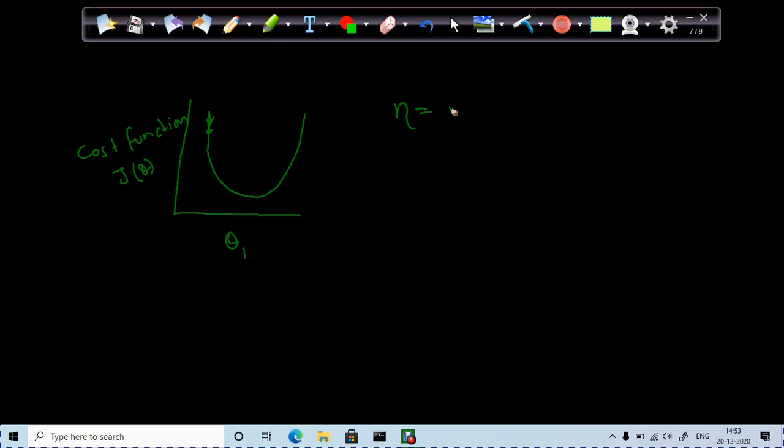If the value of the learning rate is very low, then the gradient descent algorithm will take small steps to reach the global minimum. Though it will reach the global minimum, it is a very time consuming process.